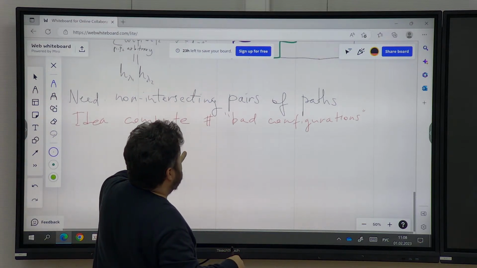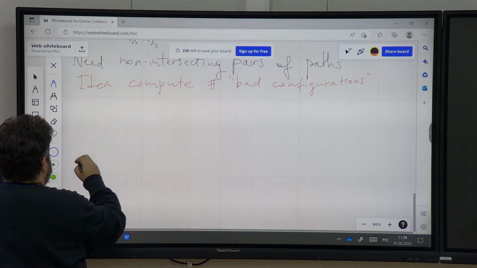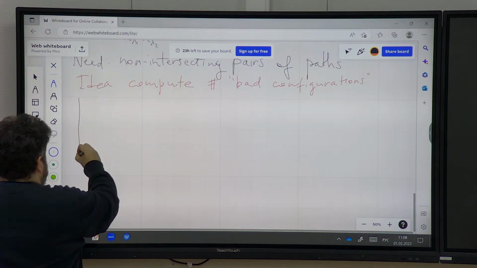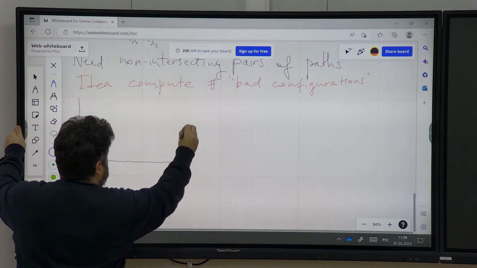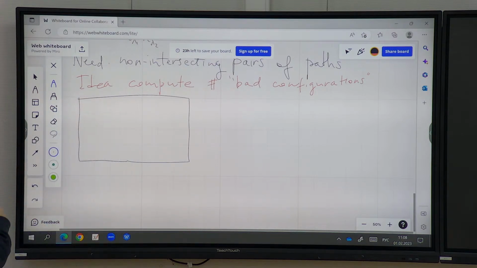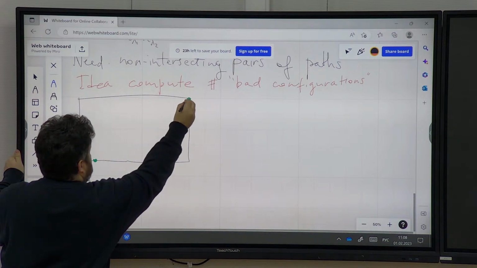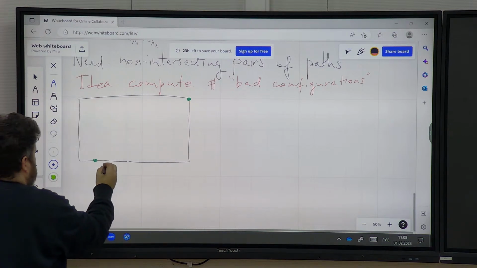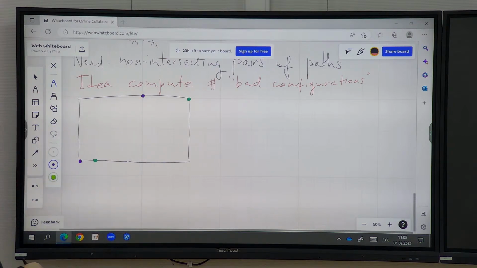So let me reproduce this board again, and 1, 2, 3, 4, 3. And we have starting points here and end points here, and a starting point here and an end point here.